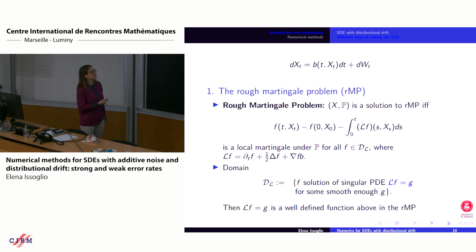If you think of the classical martingale problem, this f is C2, or C2 with compact support, and L is the generator of the process.